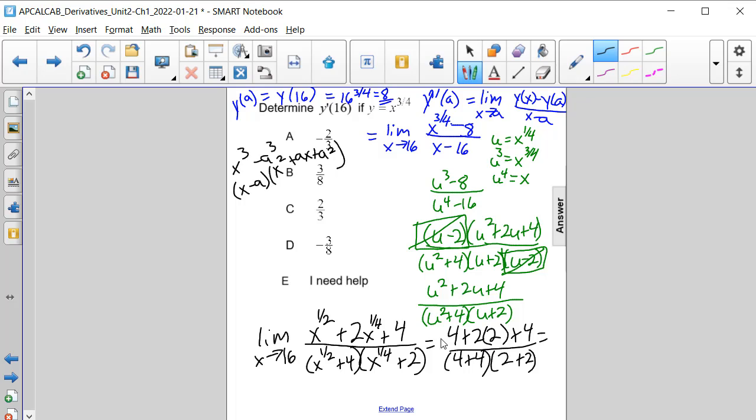So this is going to be equal to 4 plus 4 plus 4, or 12, divided by 8 times 4, which is 32. 12 and 32 are both divisible by 4, so it simplifies to 3/8.